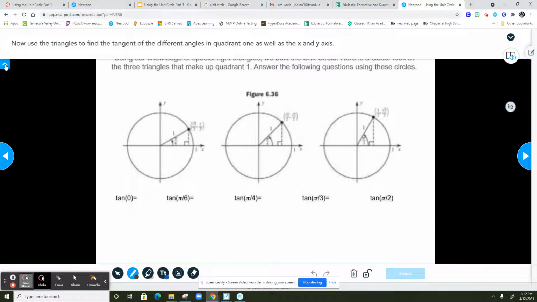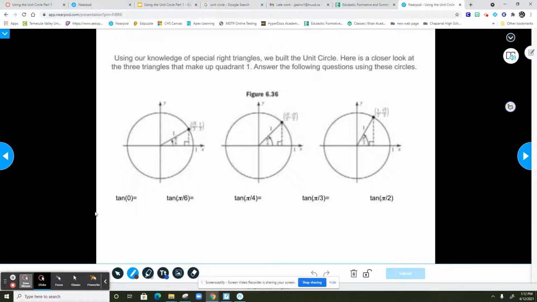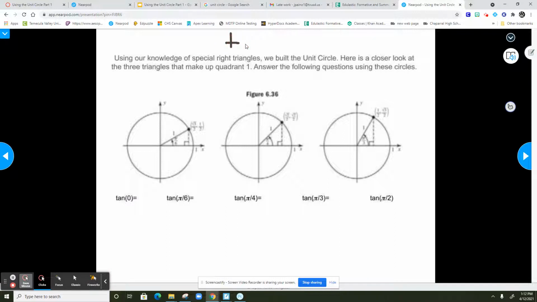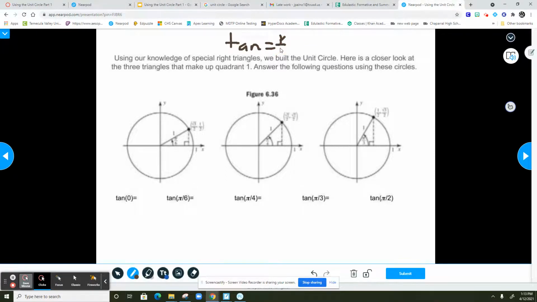All right, so now we're back to that same picture, and we want to do tangent of 0, tangent of pi 6, tangent of pi 4, tangent of pi 3, and tangent of pi halves. We're just going to be using our knowledge from that last slide that tangent is y over x. There could be some issues though, as we're going to see.